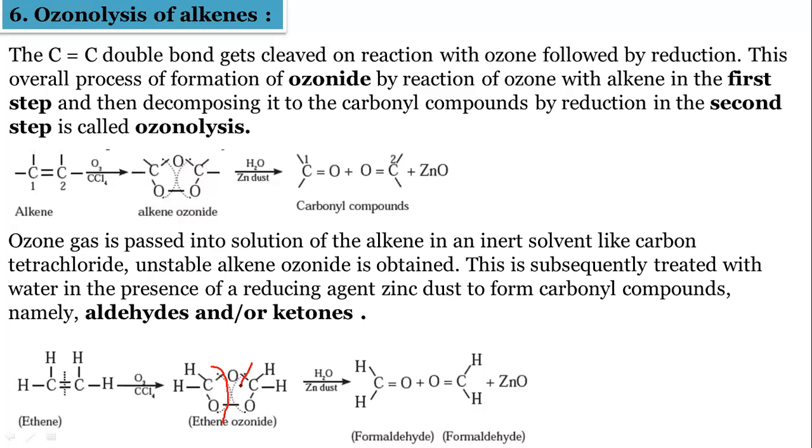Zinc dust breaks the ozonide. Can anyone tell me the IUPAC name of this compound? The common name is already given below: this is one molecule of formaldehyde, this is another molecule of formaldehyde, and this is zinc oxide.